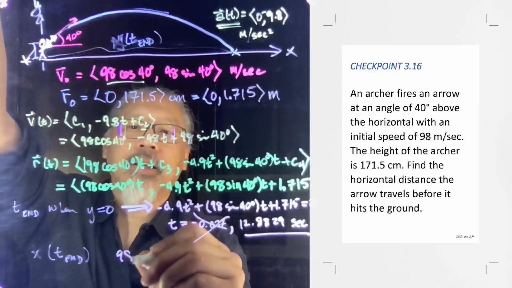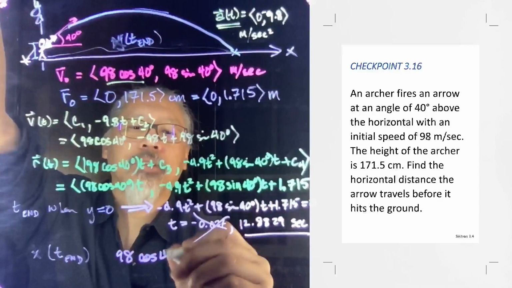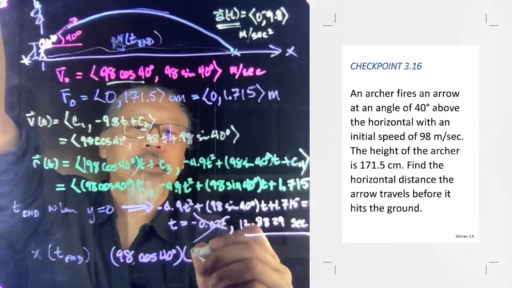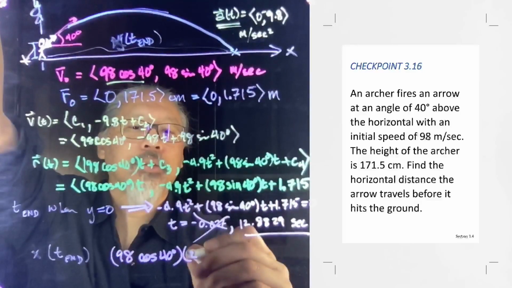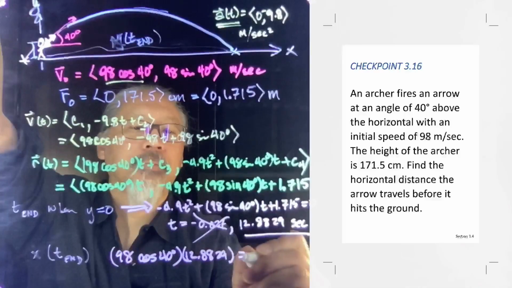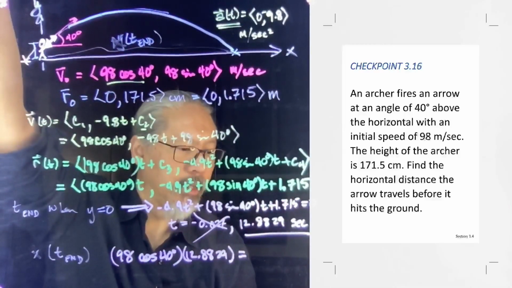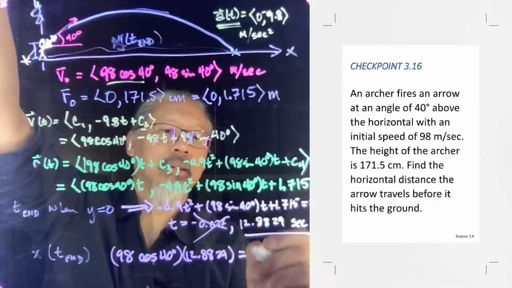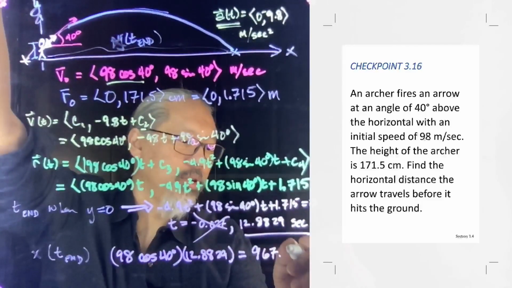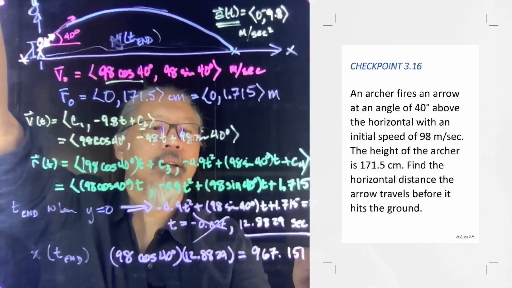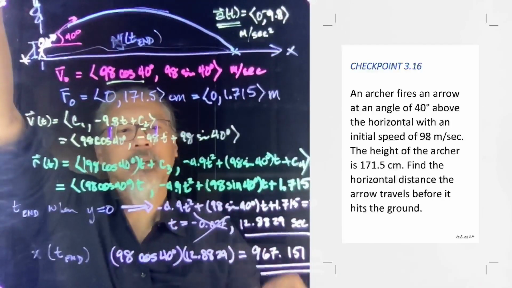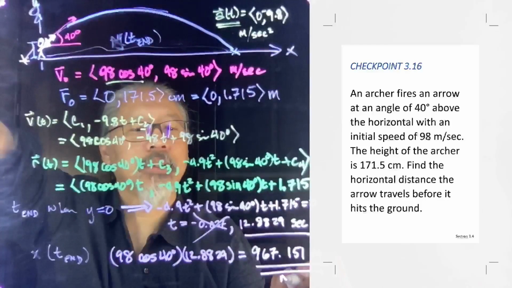We get 98 times cosine of 40 degrees times the t value that we just found, t sub end, which is 12.8829. I put that in the calculator, and it looks like I get 967.151, and this is in meters.